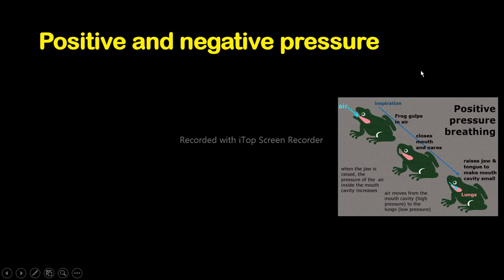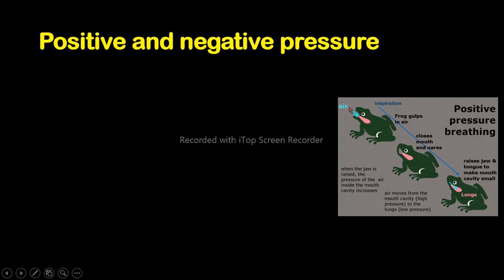So for instance, consider this toad. It uses positive pressure to take in the air. But at some point, a negative pressure is generated. For instance, if this is the atmospheric air, then for air to move from the atmosphere into the buccal cavity, pressure in the atmosphere must be higher than pressure in the buccal cavity.